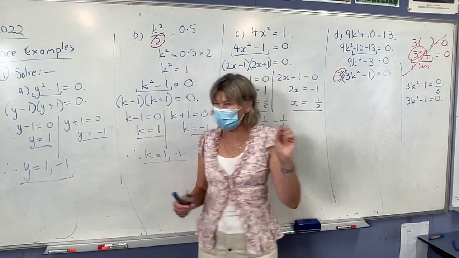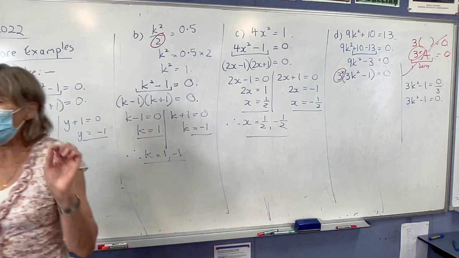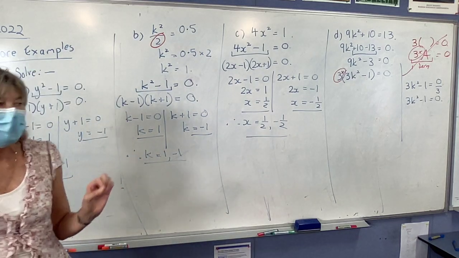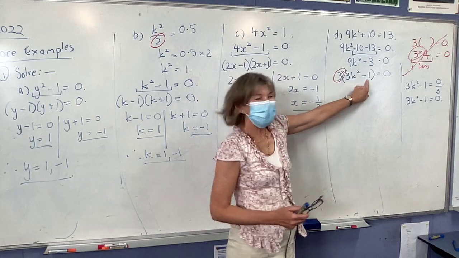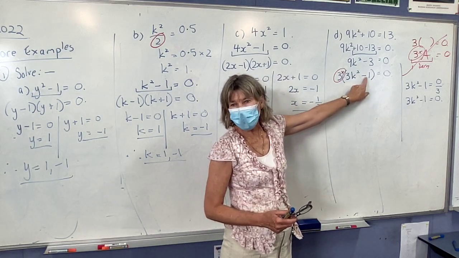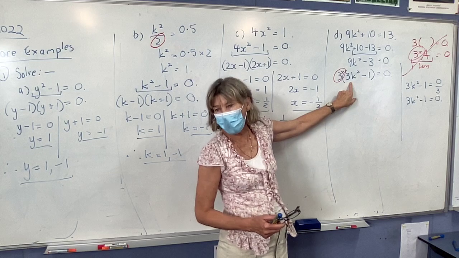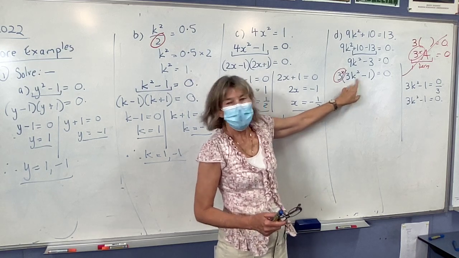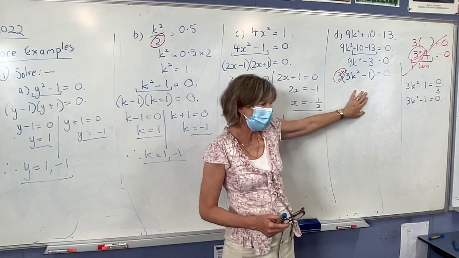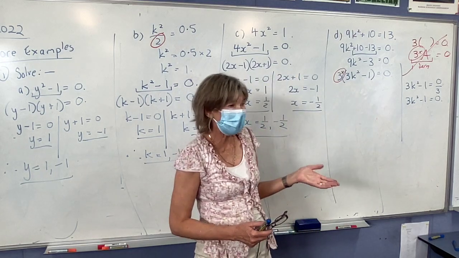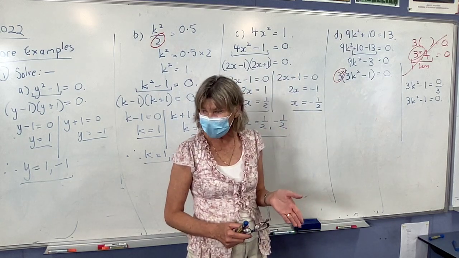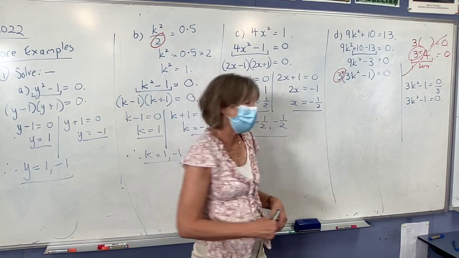We've already taken out the common factor, so the only other way you'd be looking to factorise it is to do difference of 2 squares. And that's a difference of 2 squares looking like over there, but this is not. So in this question, it's a bit different because we can't take that any further. So we're going to do what we normally would do from here, which is take the bracket and make it equal to 0.